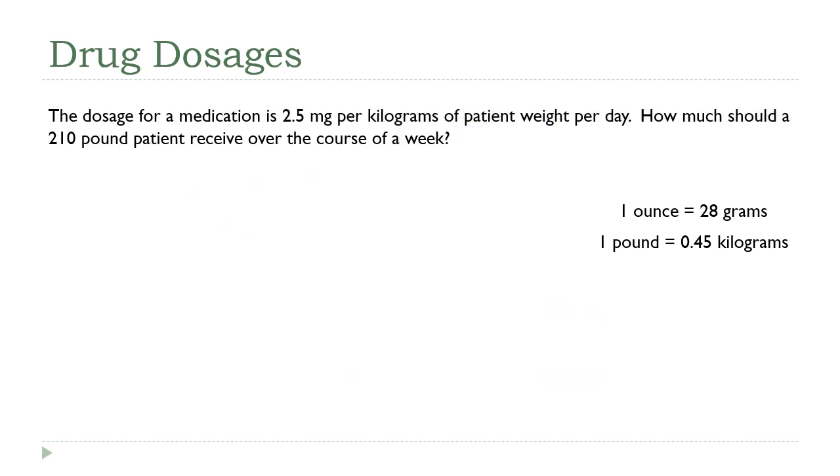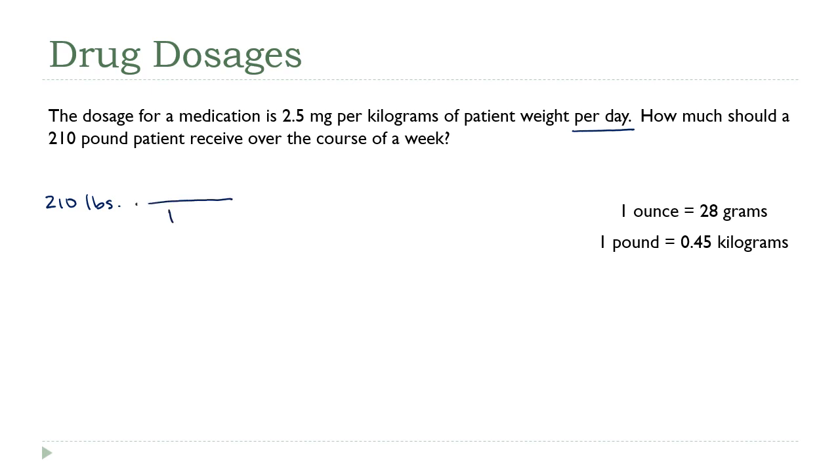So I've got a very similar question here. We've got the same idea. We know milligrams of medication per kilogram of patient weight, but now we also have this per day part, right? And I want to know how much the patient is going to need for a week. All right, well, here's how we'll do this. I'm going to take the 210 pounds, and I'm going to convert that into kilograms, just like we did before.